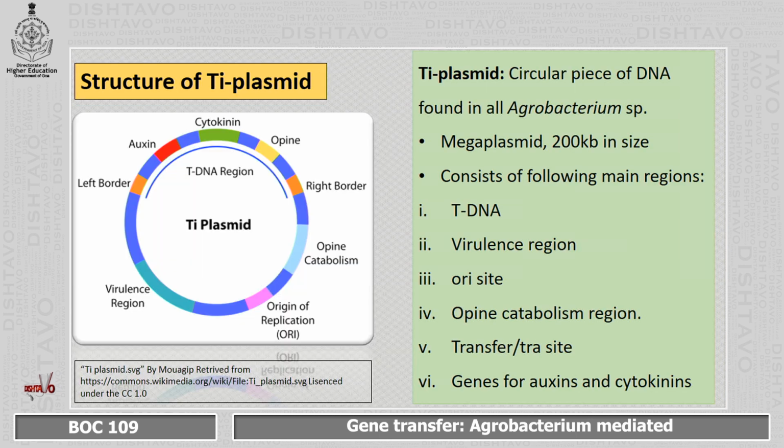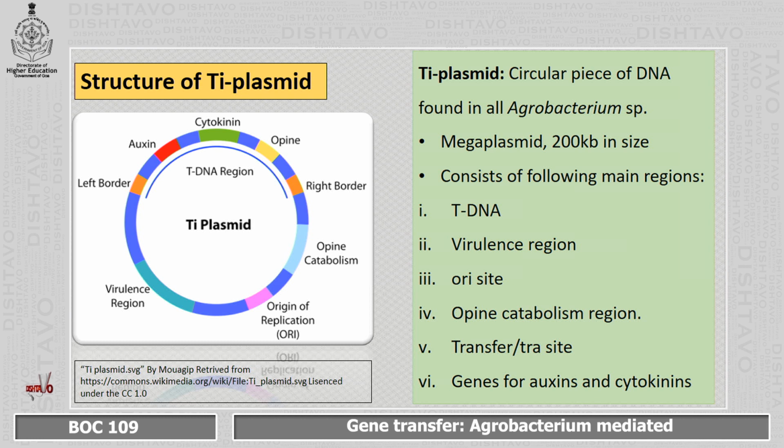Now, the structure of the Ti plasmid. This is a portion which is transferred to the plant cell. It is a circular piece of DNA which is found in all Agrobacterium species. It is a megaplasmid 200 kb in size. Here is the image of the Ti plasmid with its components or the main regions.